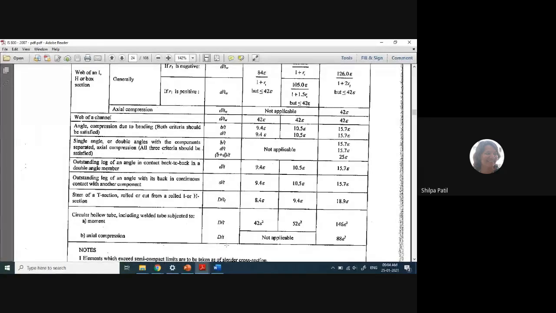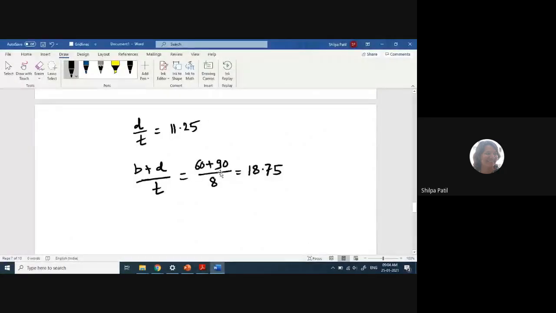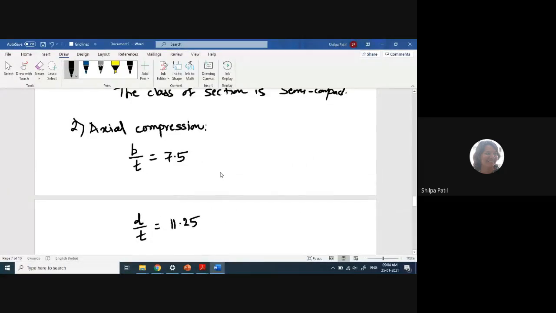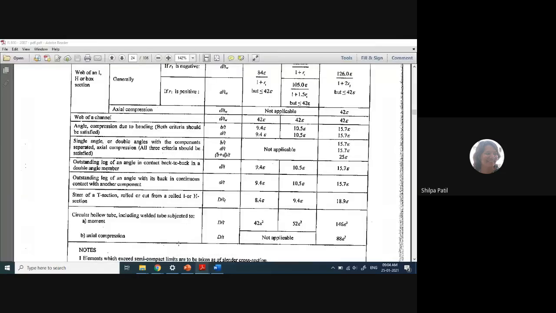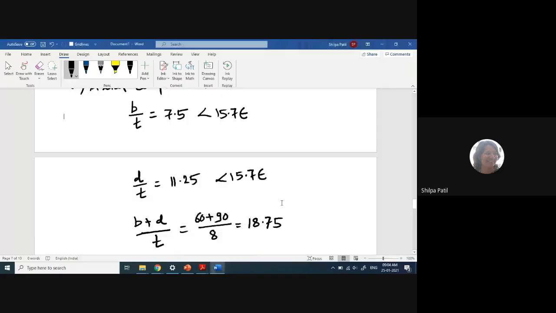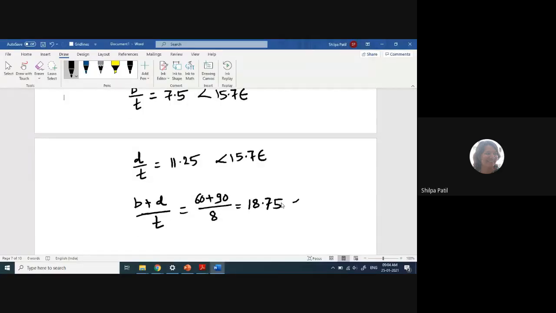The second is also less than 15.7 epsilon, and the third is 25 epsilon, so this value is also less than 25 epsilon.